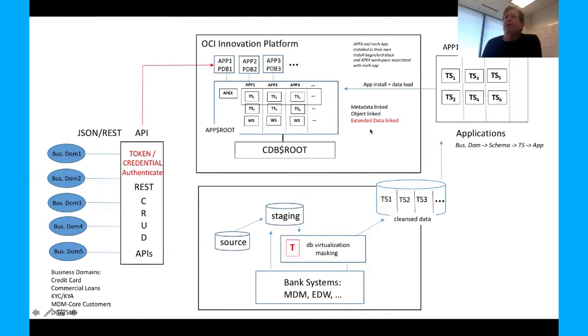So essentially this is an application root with Apex installed in each of the different app PDBs and an Apex workspace in each of the app PDBs, with an ORDS interface that allows their partners to come in and execute via HTTP REST calls the CRUD APIs against these individual applications mapping to the business domains.